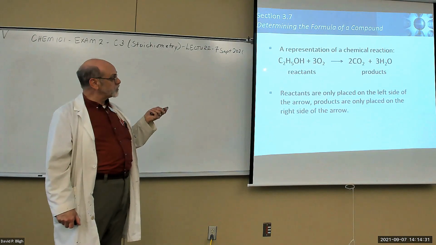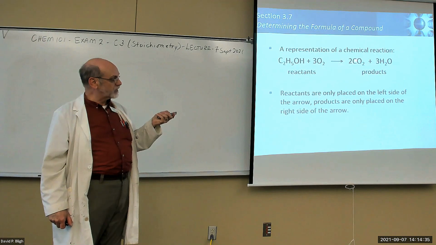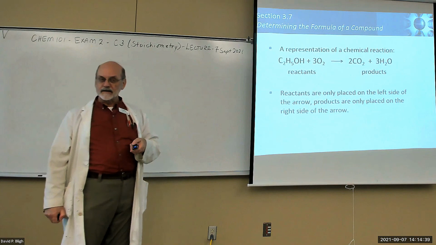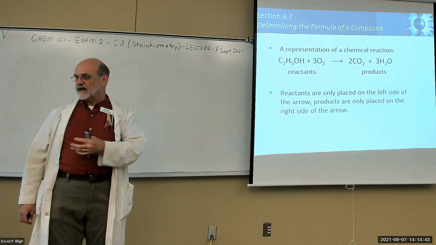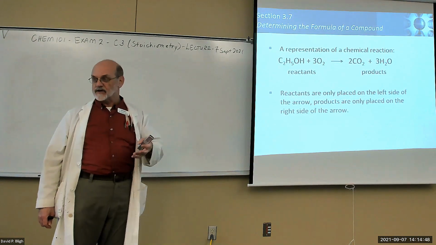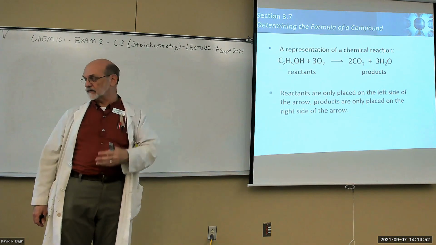Right? So we have 2 carbons here. Look at that, 2 carbons. This number, by the way, is called a coefficient. And it's placed in front of the compound or the element. And if you want to know how many atoms are actually going into the reaction or coming out, you multiply that coefficient times how many atoms are in the compound.